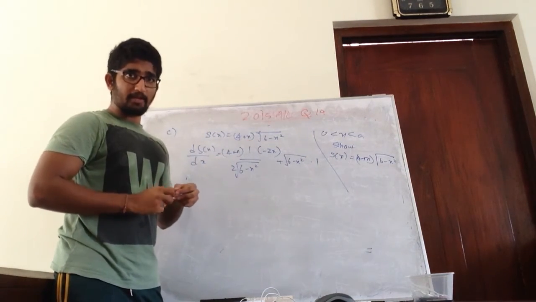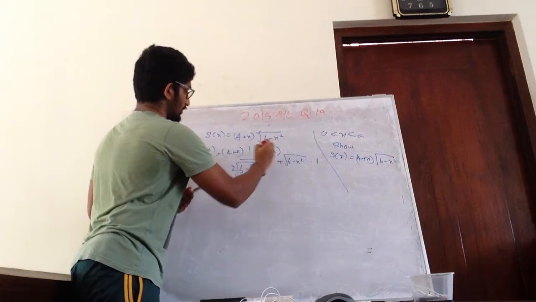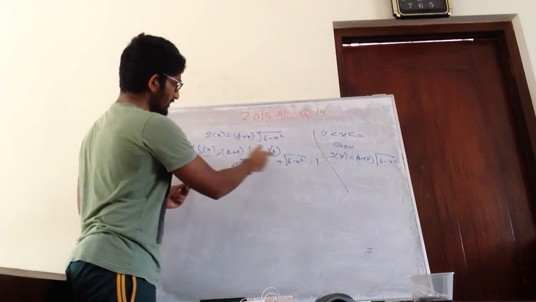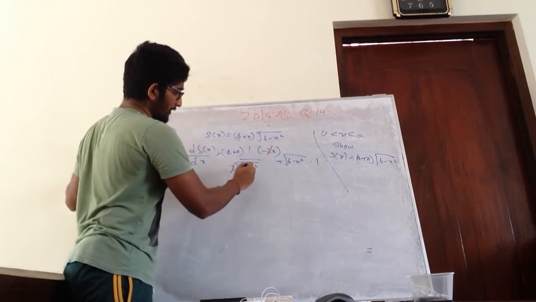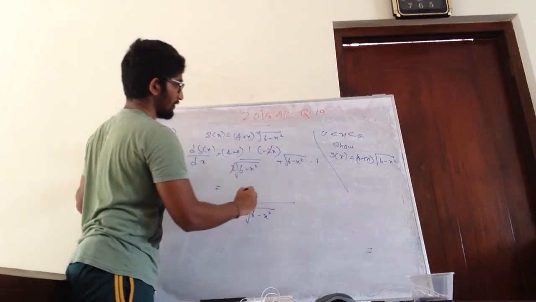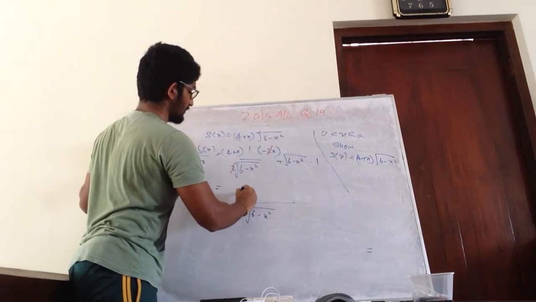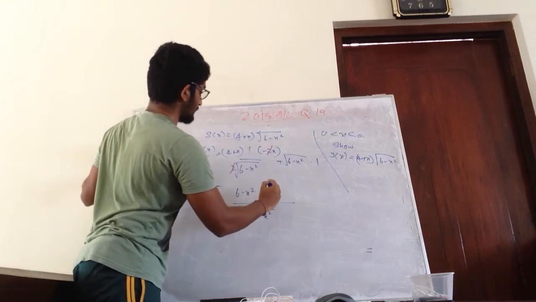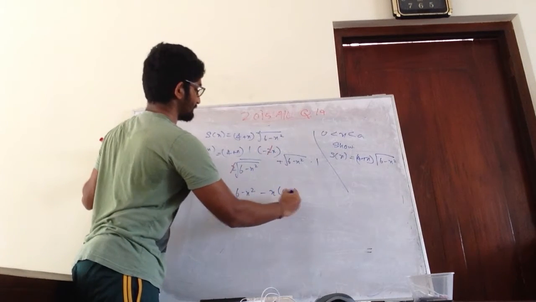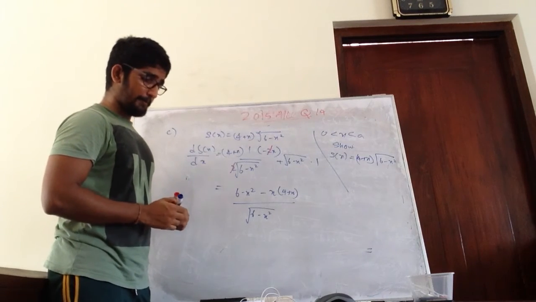So then I'm going to cut these off. There's a minus, so I'm going to make this the common factor. Then this will be minus x into (4 plus x).